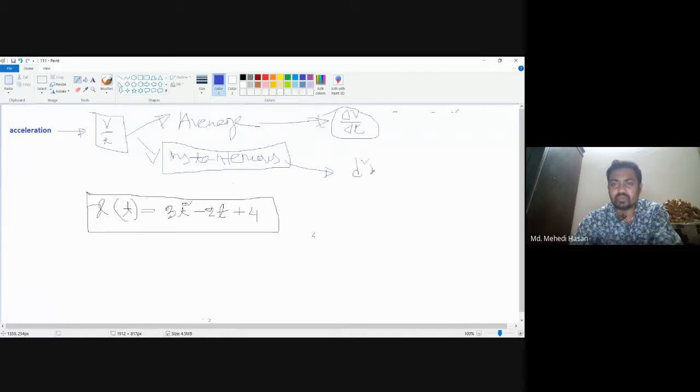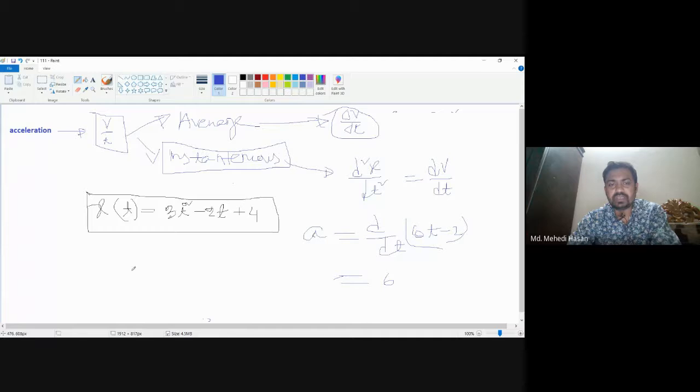If you differentiate two times the given equation, you will get the acceleration, or you can say the first order differentiation of velocity will give you the acceleration. So for that equation, the first order differentiation of x is already given, which is 6t minus 2. Now if we differentiate this, we'll get only 6. Okay, so here 6 is the instantaneous acceleration.